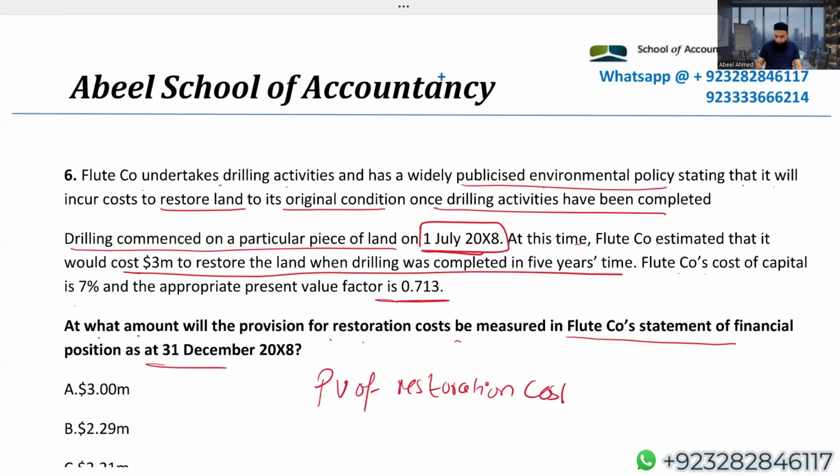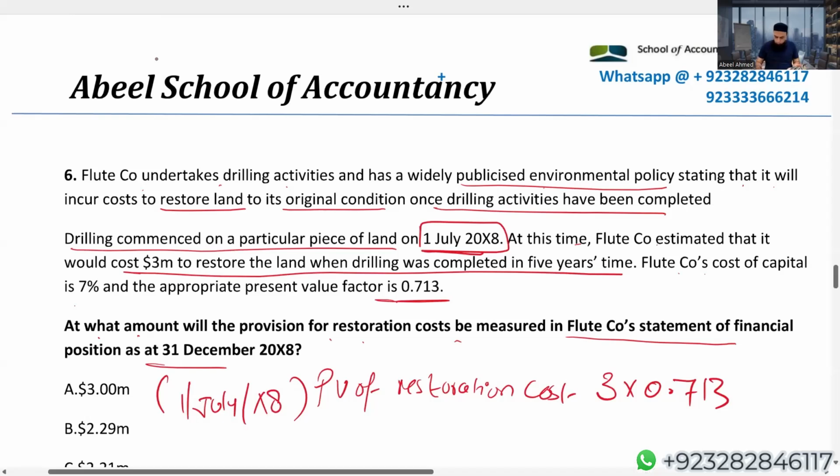restoration cost. I'll take 3 million into 0.713, and this we are calculating on 1st July X8. 3 million to 0.713. Oh, I got something wrong. Okay, actually I'm working in million. 2 point.